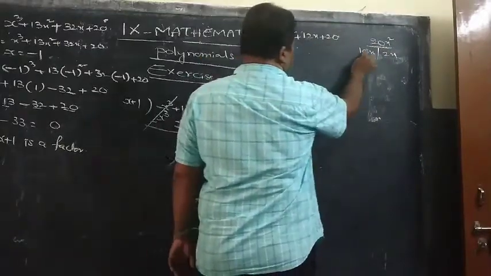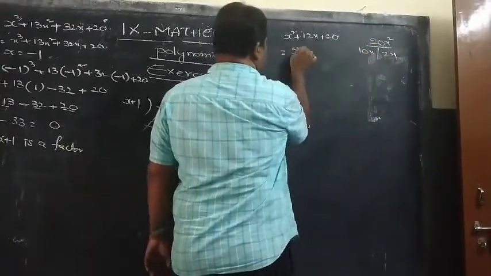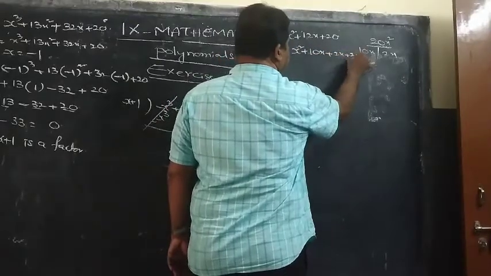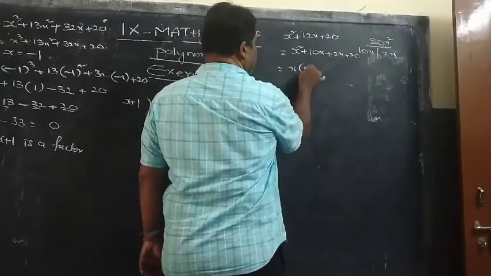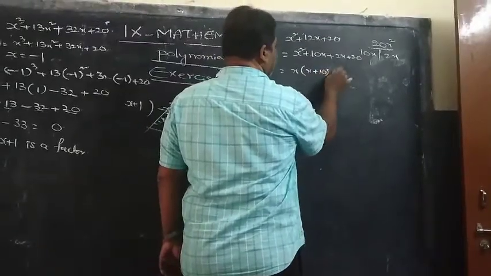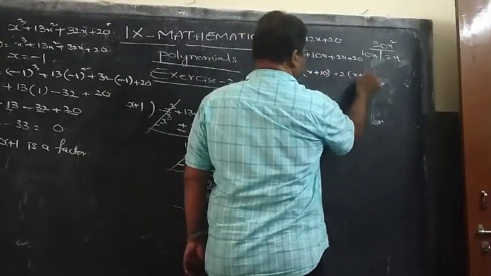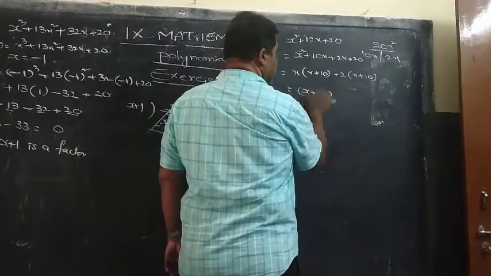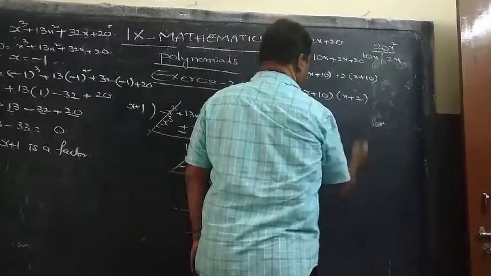So in place of 12x, you write these 2 factors. x square plus 10x plus 2x plus 20. Take x common, x plus 10, 2 common, x plus 10. So the factors are x plus 10 and x plus 2.